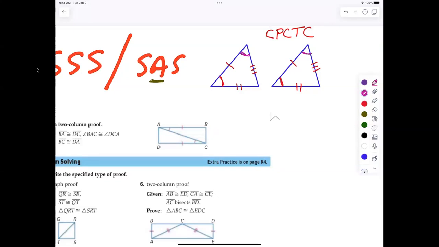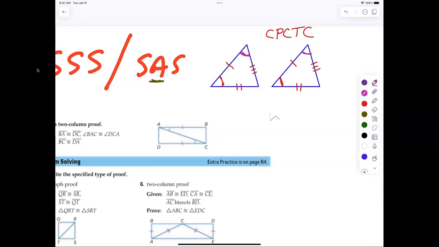Because those are corresponding parts of congruent triangles. The corresponding parts are always what? Congruent. Once you prove three parts of the triangle are congruent, then the rest of the parts of the triangle are what? Congruent. That's what is meant by CPCTC.